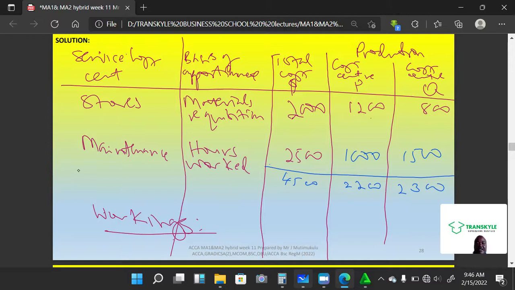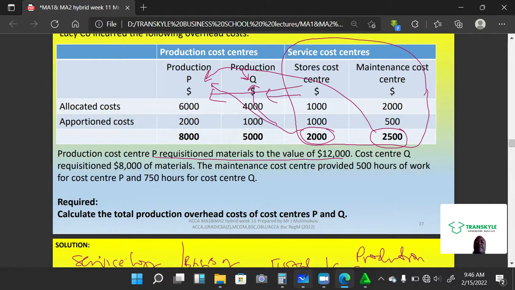Then the previously allocated and apportioned figures, these ones we can get straight away from the question.